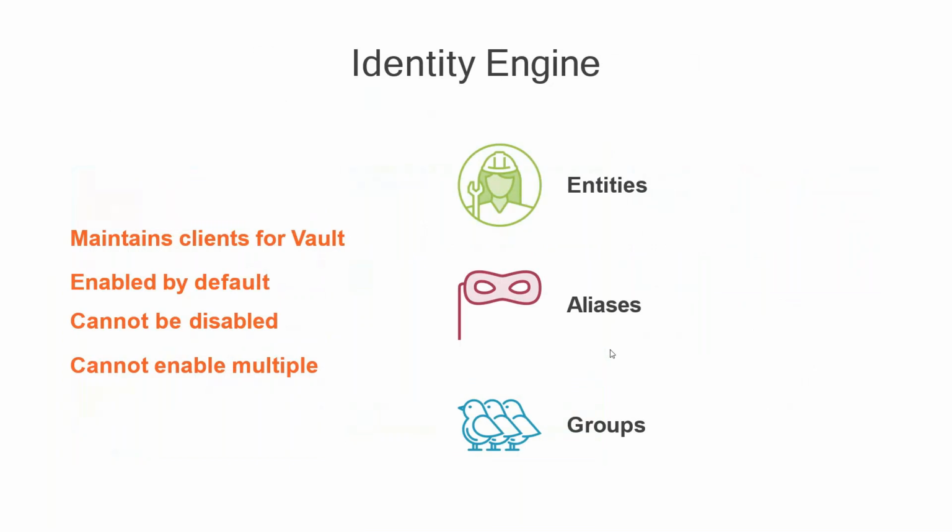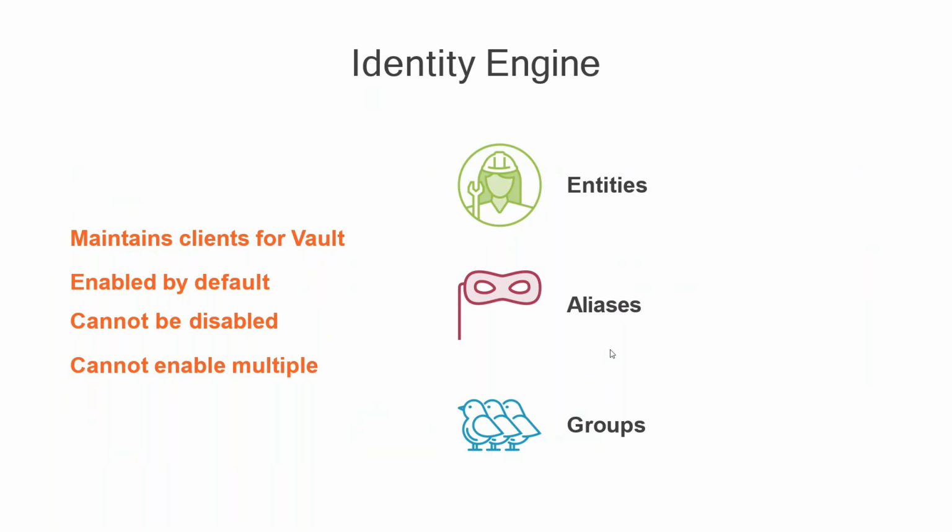One of the internal ones is the identity secret engine. It is inbuilt and maintains clients for Vault. That means for any number of persons who connect to Vault, it stores and keeps them persistent.